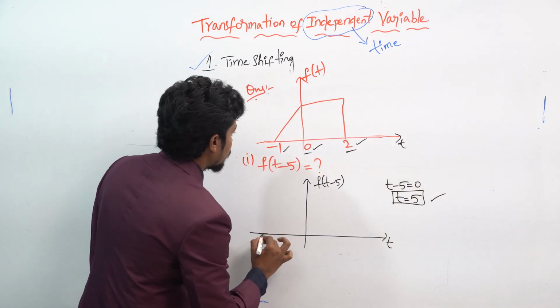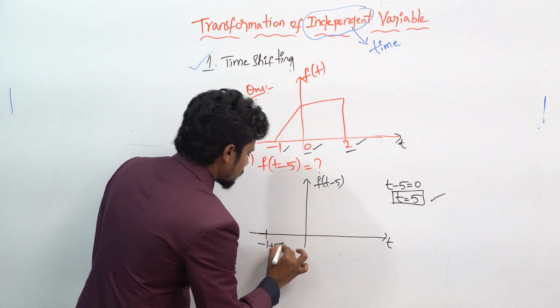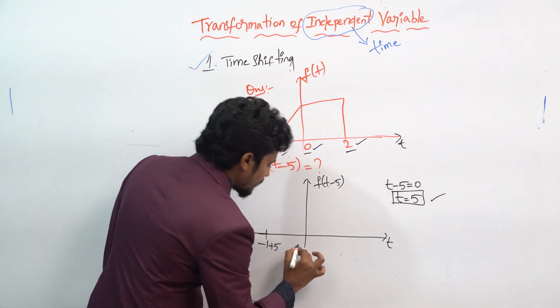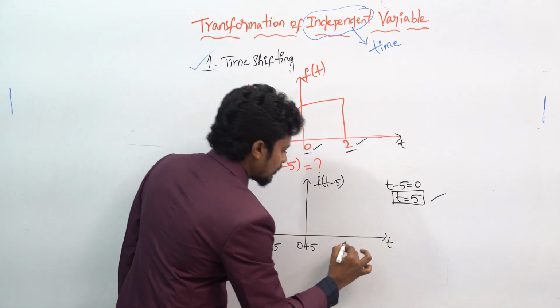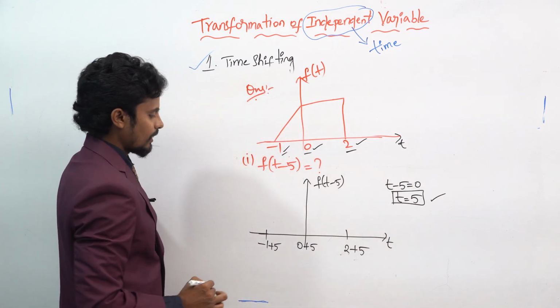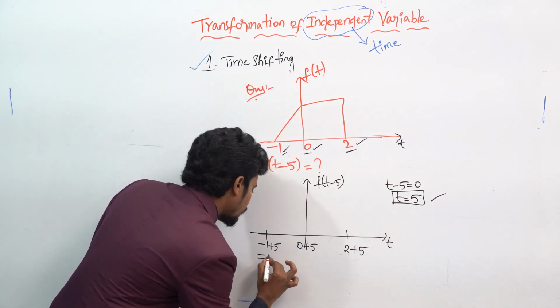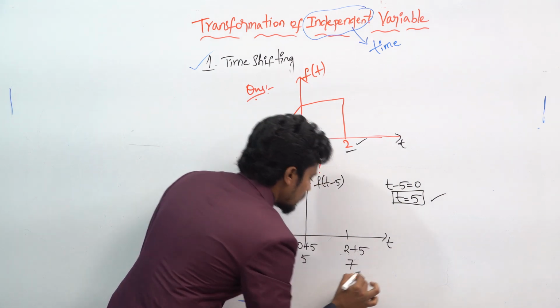Here you have to put minus 1 plus 5, next 0 plus 5, and next 2 plus 5. This will become 4, this will become 5, and this will become 7.